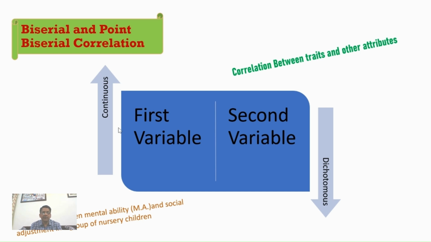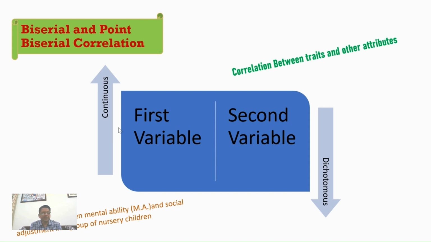Both methods are used to find the correlation between traits and other attributes, similar to the Pearson method. But if the second variable is dichotomous, it means it can be separated into two parts, then biserial and point biserial correlation methods are appropriate.